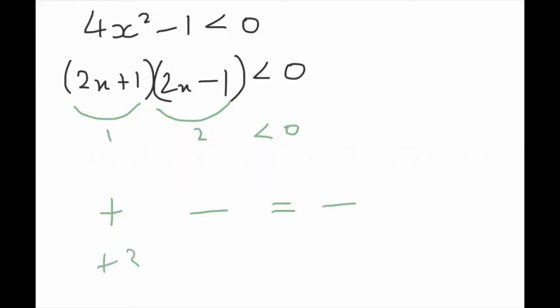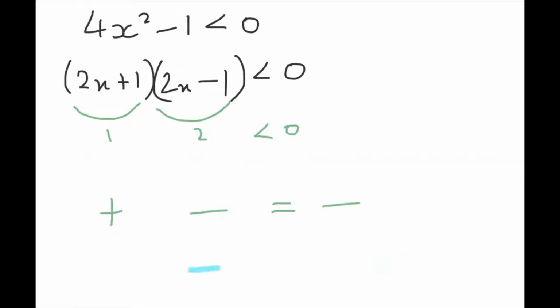For example, plus 3 times minus 2, plus and a minus is a minus 6. So I would treat this exactly the same. So I would make this 2x plus 1 positive, and then 2x minus 1 I will make negative. And then I know the answer will be negative.